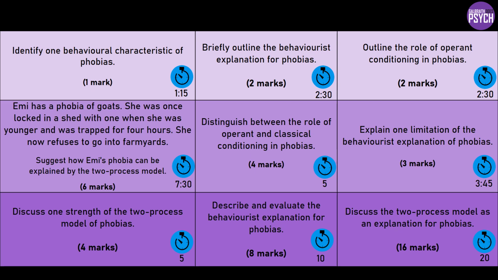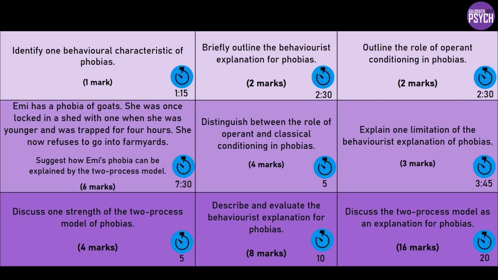And it didn't work. They couldn't condition that fear. So what does this show us? Well, it shows us that the two-process model maybe isn't a full explanation for phobia. Maybe it only applies to things that potentially could do us harm. Maybe it only applies initially to animals or whatever it might be. But there certainly is more to it than just you can condition a phobia of anything, according to some research.